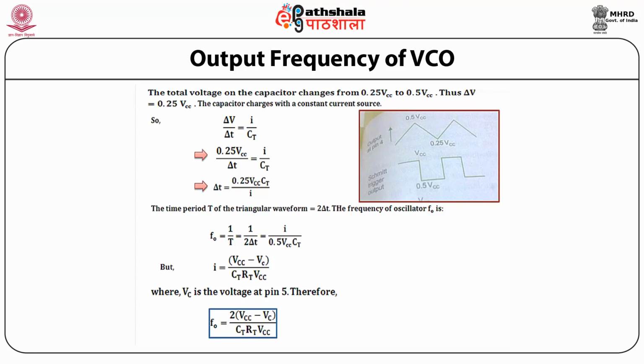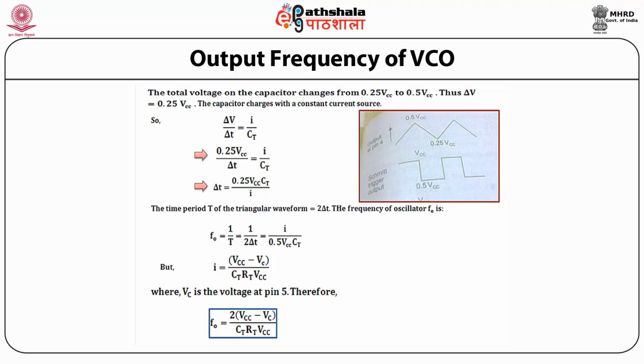So, the time period T of the triangular waveform is 2 delta T, and the frequency of the oscillator F0 is F0 equal to 1 by T equal to 1 by 2 delta T equal to I by 0.5 VCC CT.